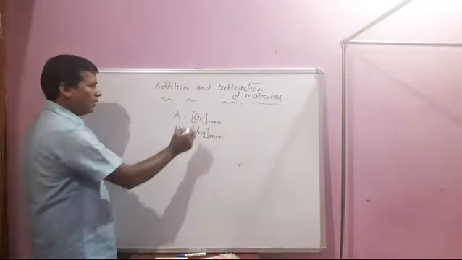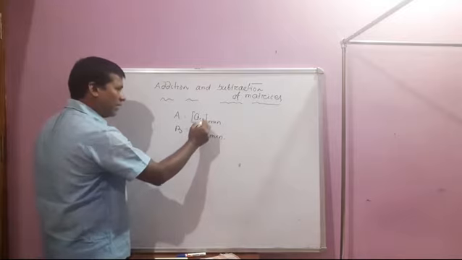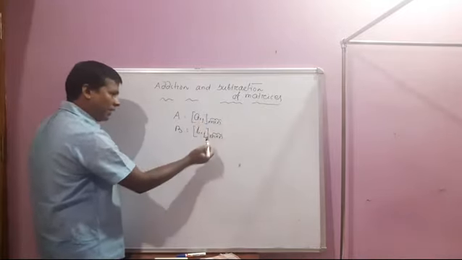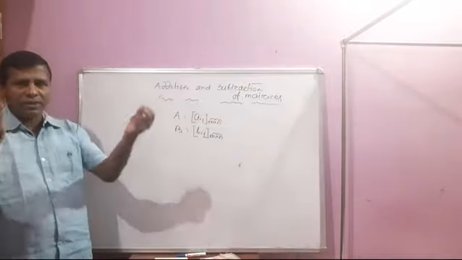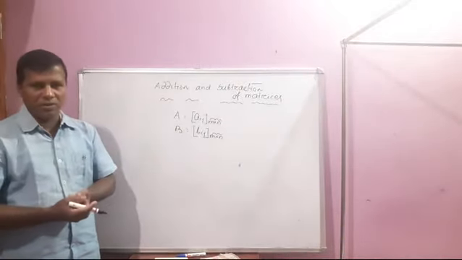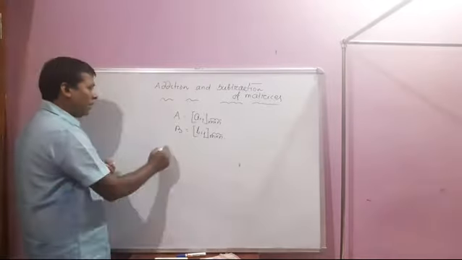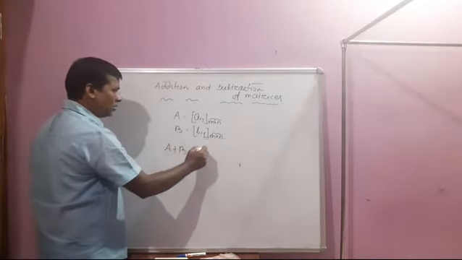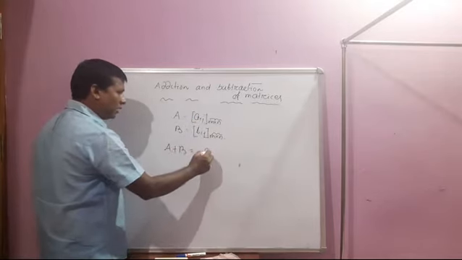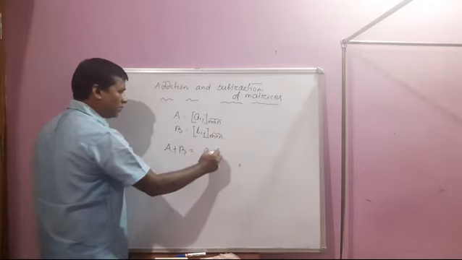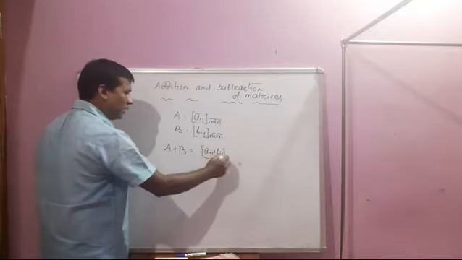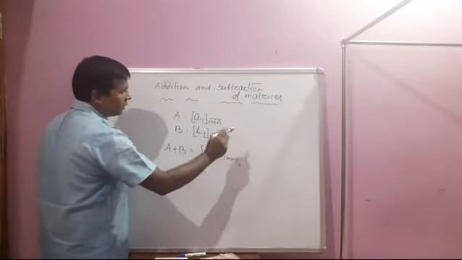If both are of m cross n order, they are the same order of matrices, and A plus B is equal to Aij plus Bij in the same entry positions, in that m cross n order.